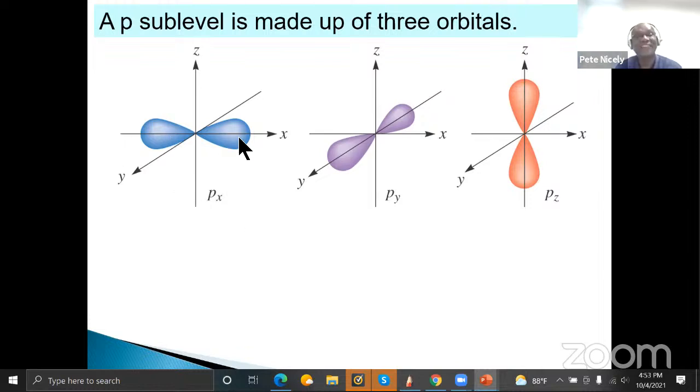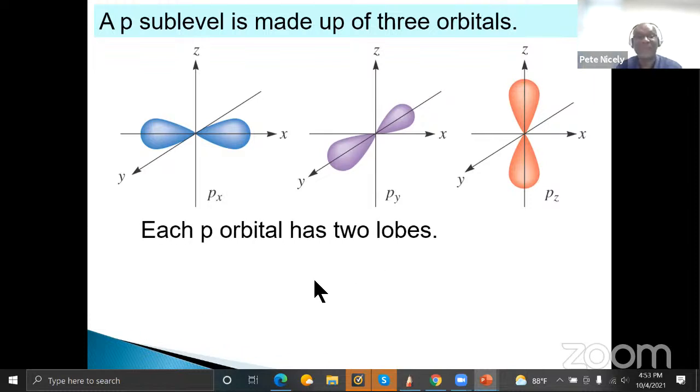So we have the x-axis, the y-axis, and the z-axis, which are at mutual right angles. So we have this px orbital here aligned along the x-axis. We have this py orbital aligned along the y-axis. And finally, we have the pz orbital here aligned along the z-axis. So this is basically how the orbitals of the p sublevel are arranged in 3-dimensional space.